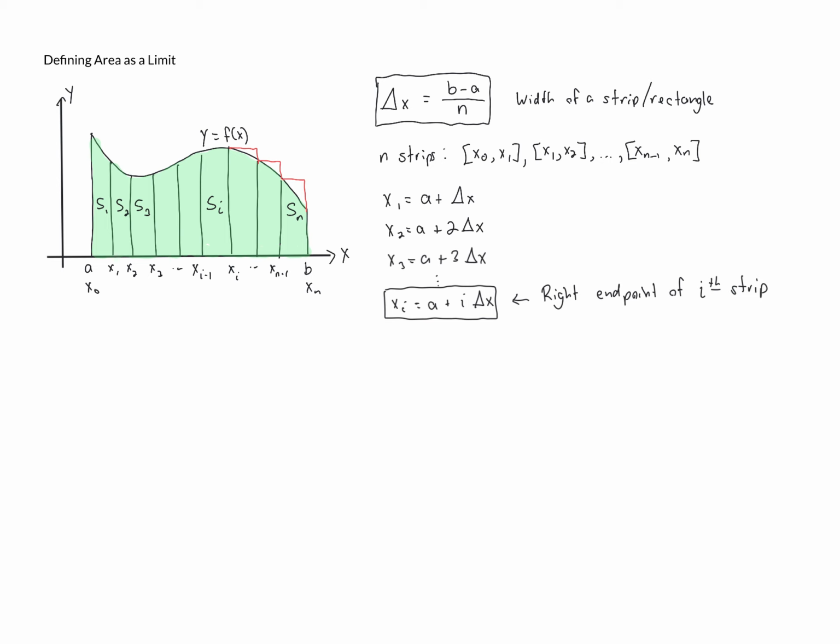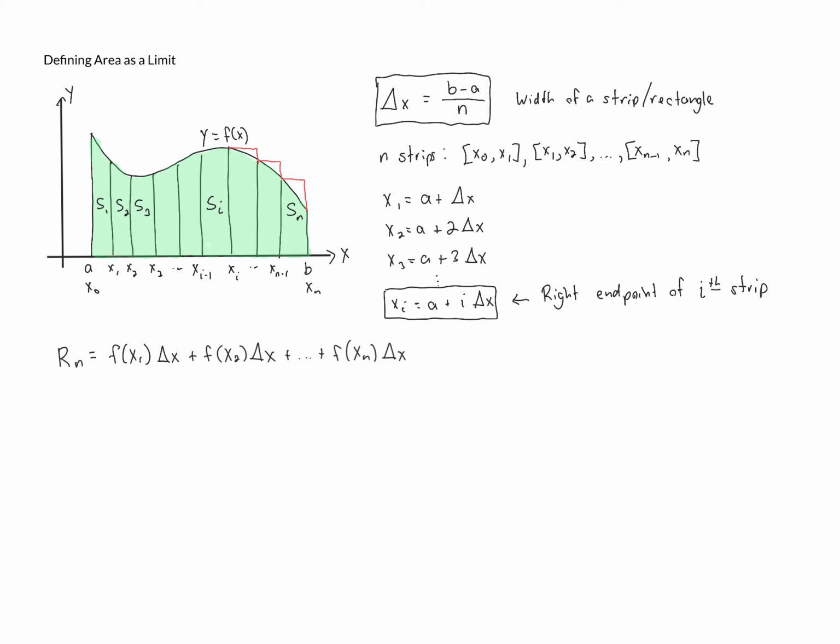And so if we want to write out what our approximation of the area was with right endpoints, we could write this as f of x sub 1 delta x plus f of x sub 2 delta x plus dot dot dot all the way up to f of x sub n delta x.